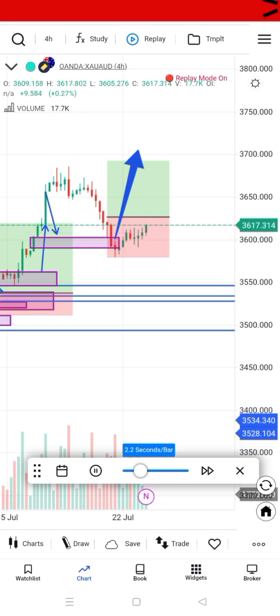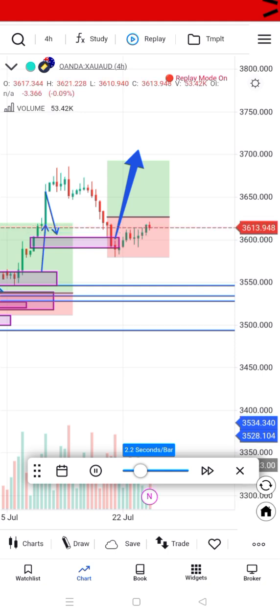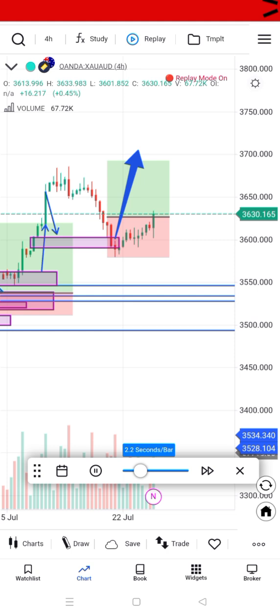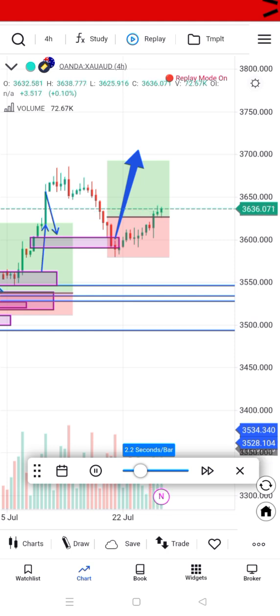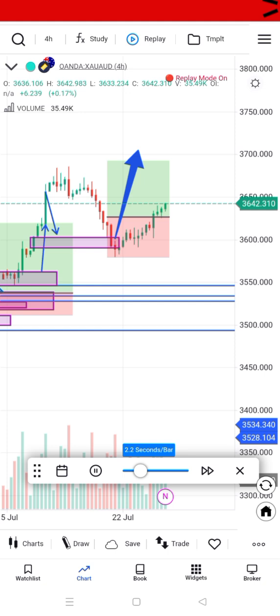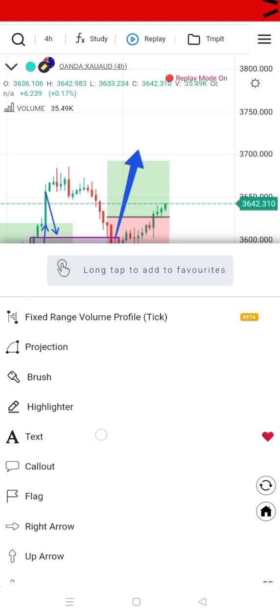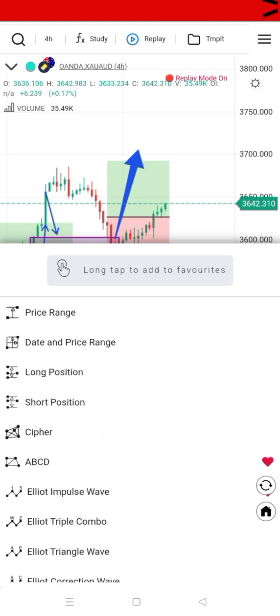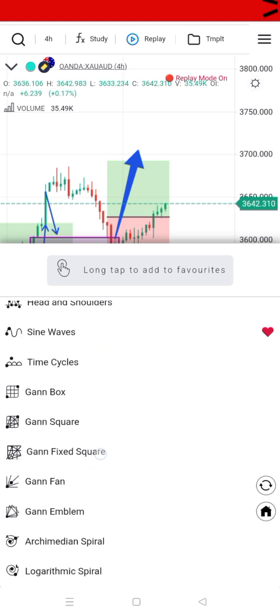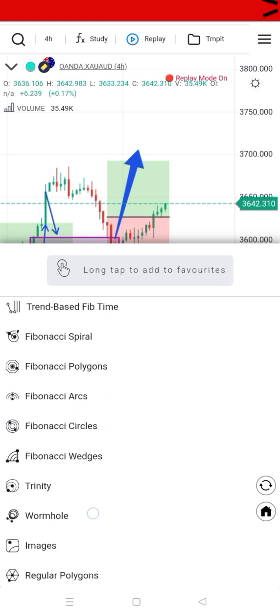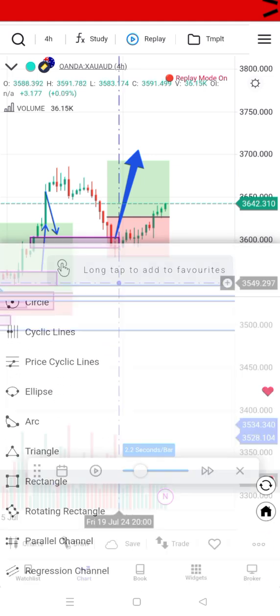So with that, I have seen that the market is at a good place and has come back to fill that fair value gap. As I told you, the market goes, leaves those inefficiencies, comes back, fills those inefficiencies and proceeds in the direction it was moving. So you see it touched that place and went up.